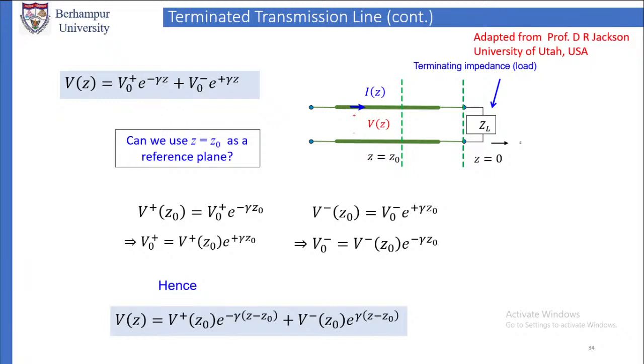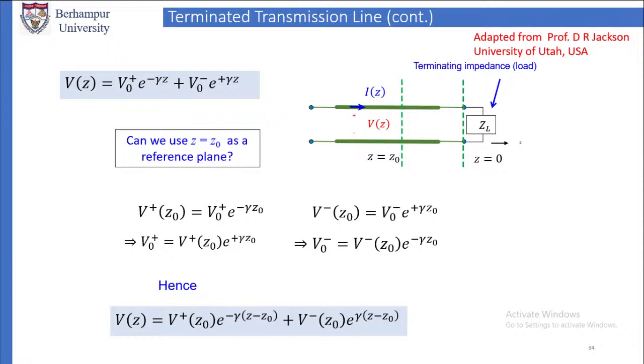Now V(z) is equal to V0 plus exponential minus gamma z plus V0 minus exponential gamma z. We can use z equal to z0 as the reference plane here, where you are going to find out the impedance, admittance, voltage, whatever you want on the transmission line.